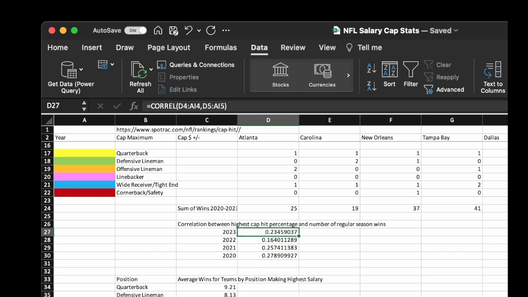So these are very weak positive correlations. Actually the highest was 0.27 in 2020, and decreased to 0.25 in 2021. The lowest was 2022 at 0.16. And then 2023, it was 0.23. Okay.